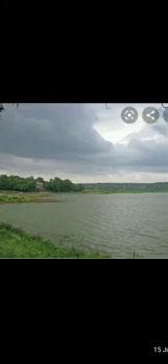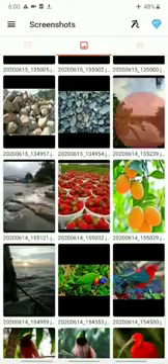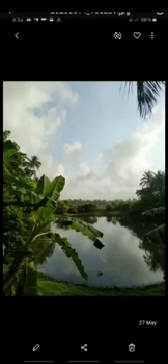Then you have lakes. Lakes means an area which is filled with water and surrounded by land. In this picture you can see this beautiful lake. Lakes are big. Ponds are small. I'll show you the picture of ponds. See, this is a pond. It is small as compared to lakes.